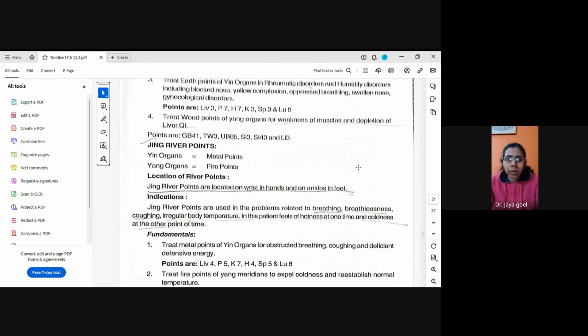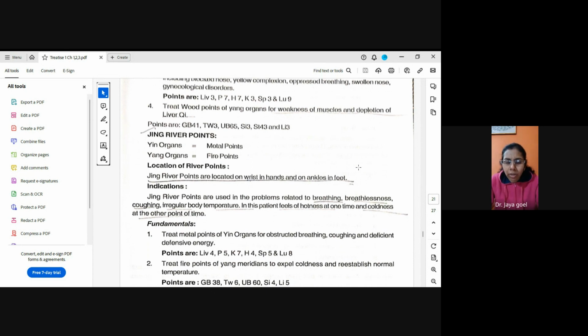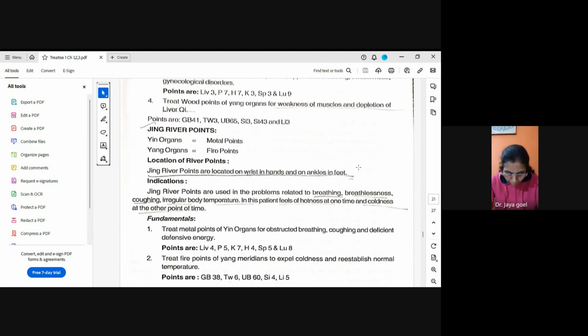The indications for these points are problems related to breathing, breathlessness, coughing, and irregular body temperature. In this, the patient feels hotness at one time and coldness at another time.